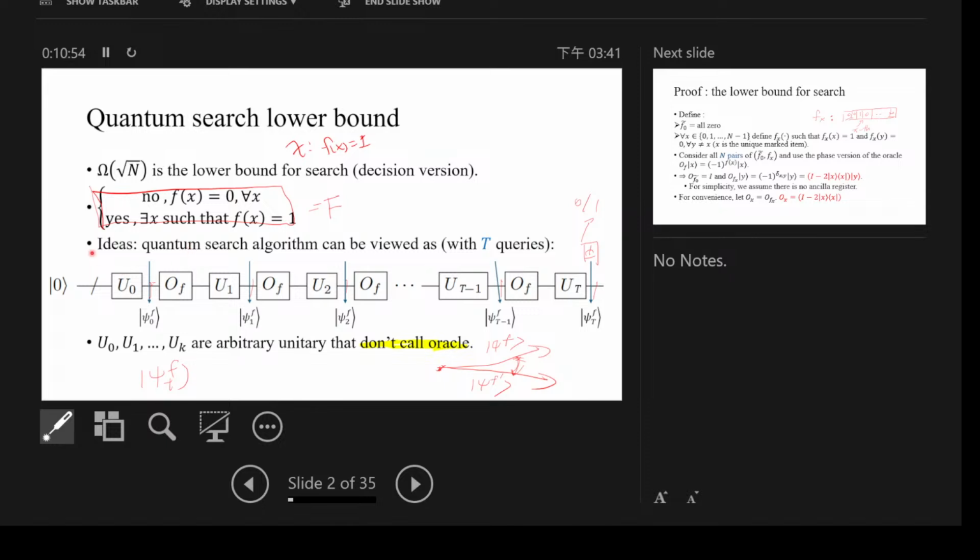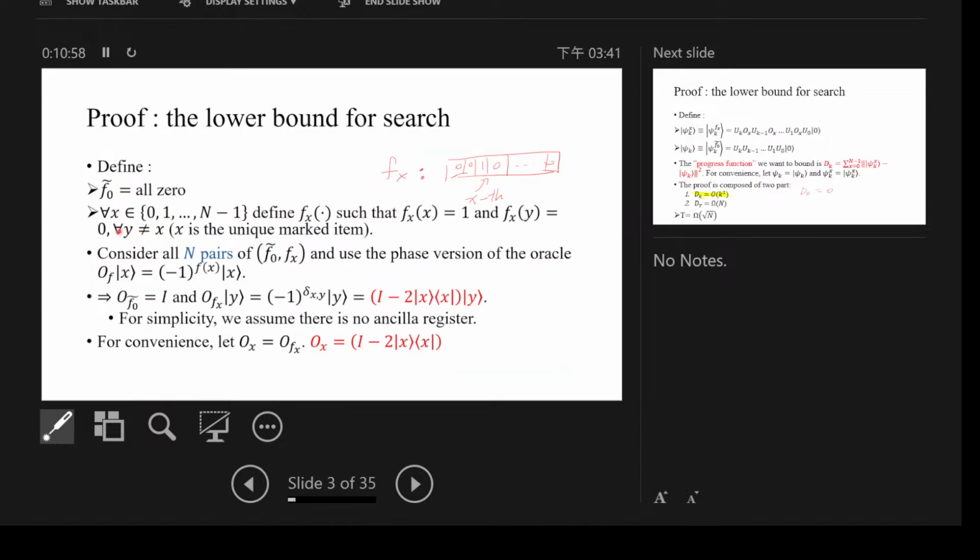So we choose those instances that look mostly like O0, that only have one marked item. In your truth table, only one location is 1, and all other locations are 0. And there are n slots, so there are n different fx.